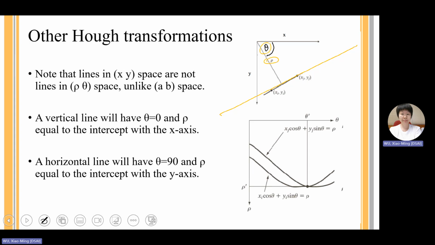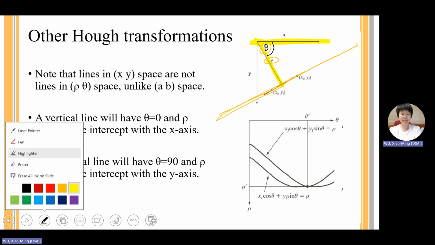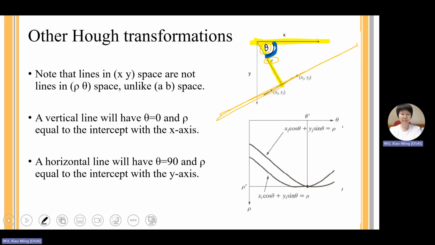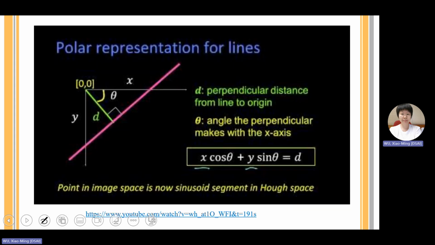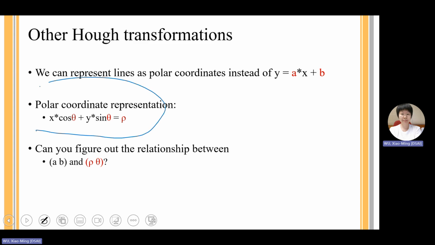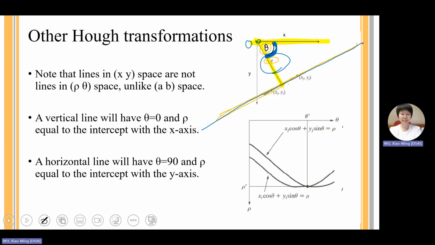Theta is the angle between the normal vector and the x-axis. This angle is theta, and rho is the distance from the origin to this line. So you can figure out the polar coordinate representation of this line.